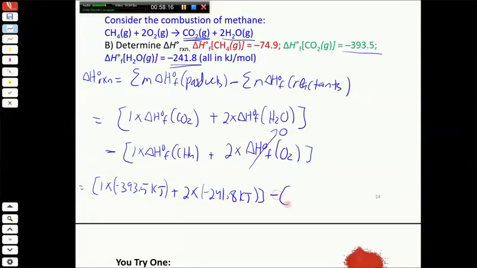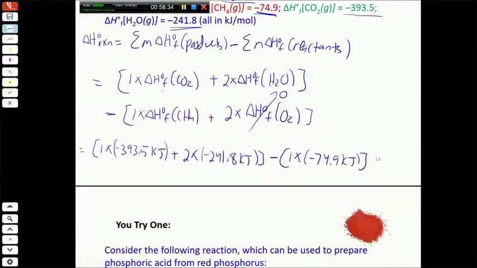Then we're going to subtract from that 1 times the delta H of formation for CH4, which we're given here as minus 74.9. We have to be a little bit careful with signs here. We don't want to drop out any negative signs from the delta H values. We're only going to put a negative sign in front of all of those that are part of the reactants. And so those are the numbers we put in, and it comes out to minus 802.2 kilojoules.